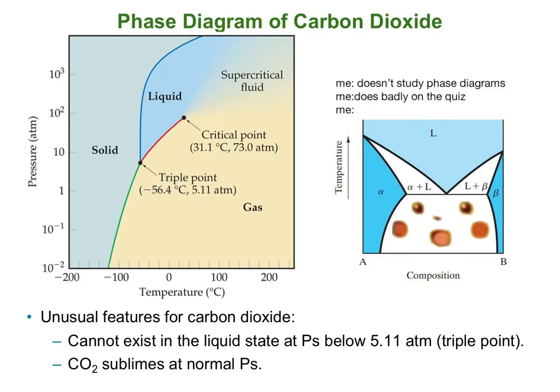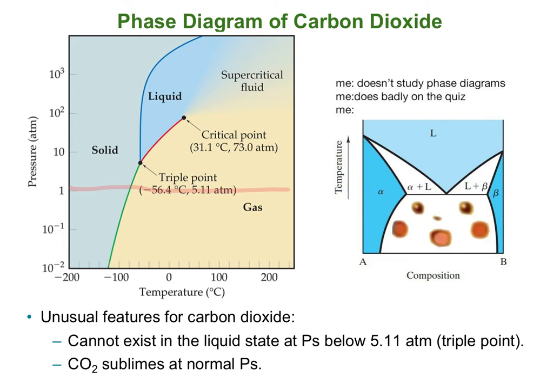Every molecule will have its own phase diagram depending on its intermolecular forces and so on. So this is the one for carbon dioxide. You see that at 1 atmosphere, there's no liquid state for CO2, which is why at less than 1 atmosphere, it sublimes.